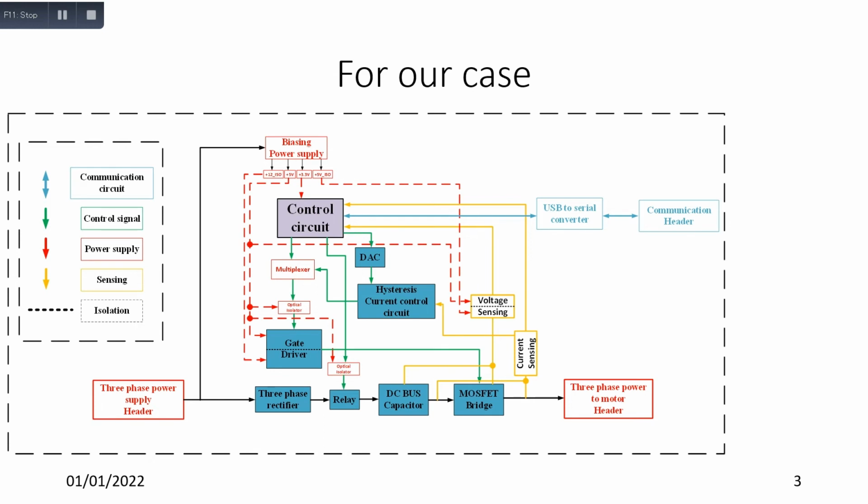Digital to analog converter, hysteresis current control circuit block, and multiplexing block are added to perform the analog hysteresis control technique. These are the main descriptions of this control system.